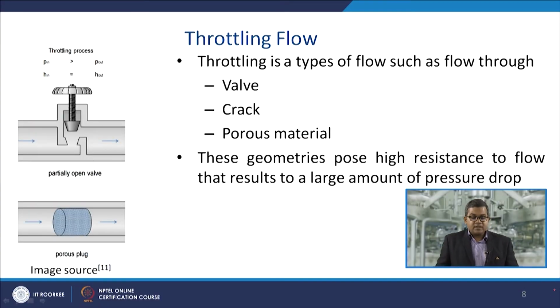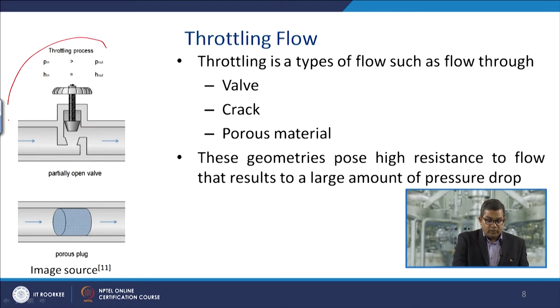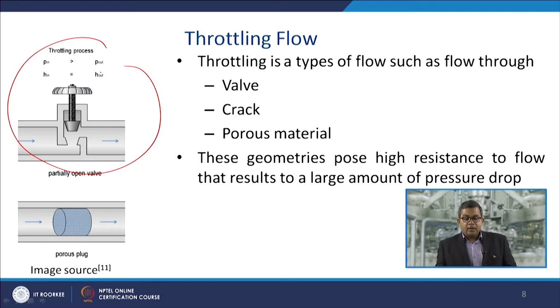While considering throttling flow, throttling is a type of flow such as flow through a valve, like in this figure you can see, or a crack, or within a porous material. These geometries pose high resistance to flow, which results in a large amount of pressure drop.